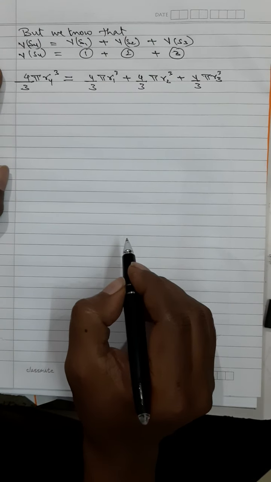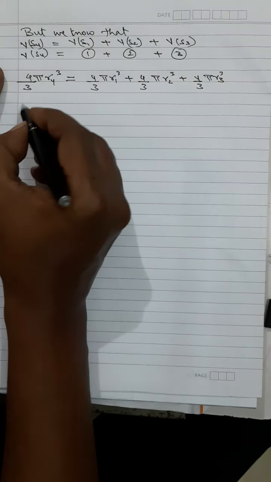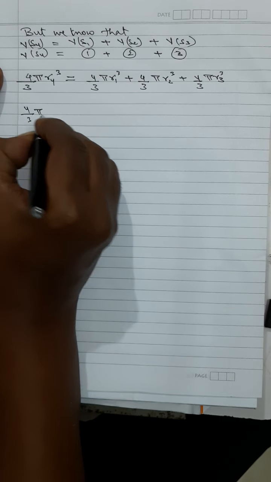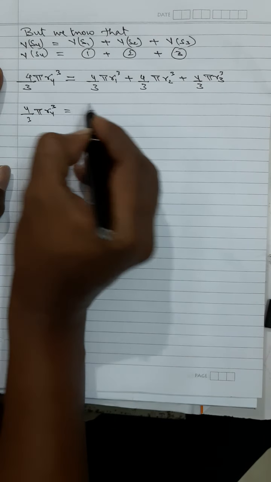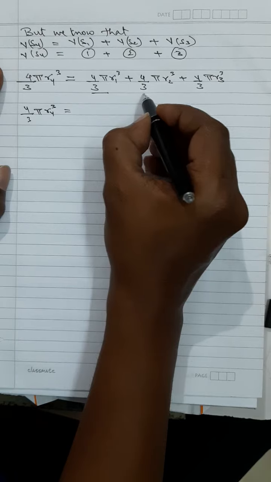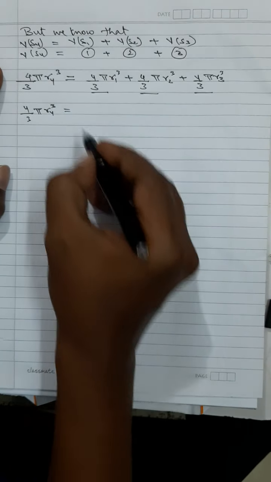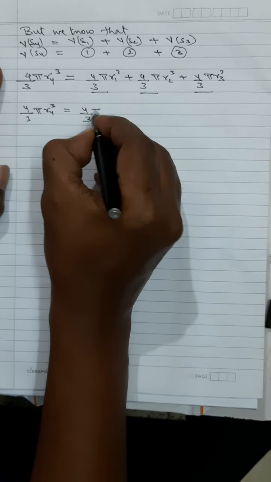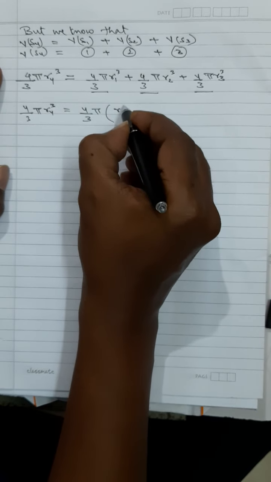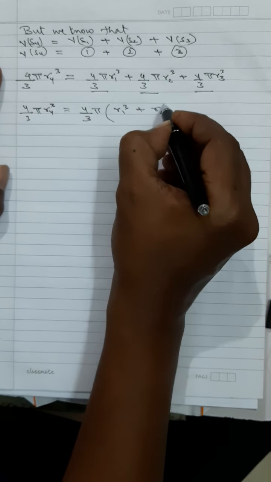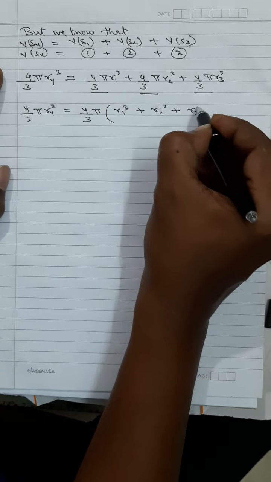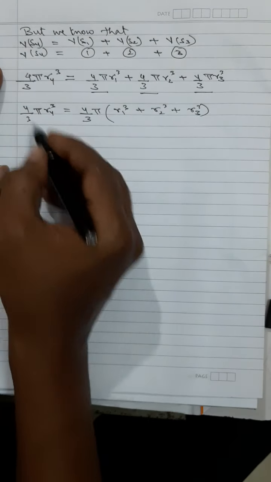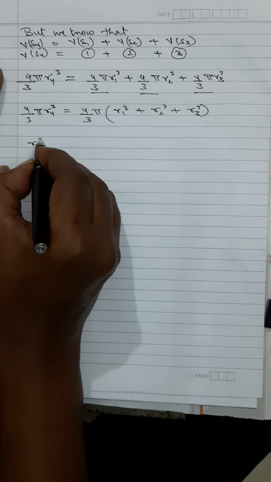These are the equations. So now what I will do, 4 upon 3 pi r4 cube, I will take out the common factor, 4 upon 3 pi. So 4 upon 3 pi will go outside, and here I will get r1 cube plus r2 cube plus r3 cube. This is 4 upon 3 pi r4 cube.